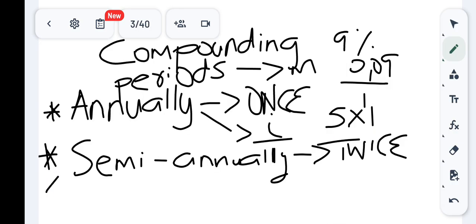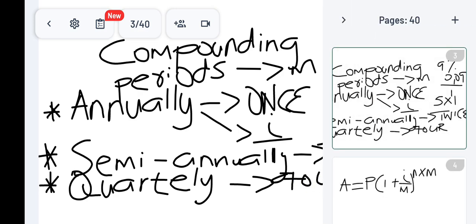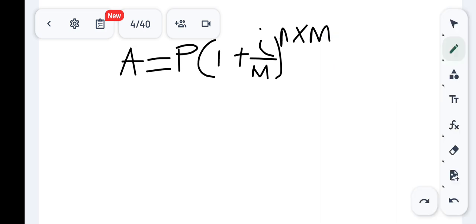Then we have quarterly. Quarterly means 4 times per year. So what are we going to do in this case? You will divide your interest by 4, then multiply the number of years by 4. That is quarterly.